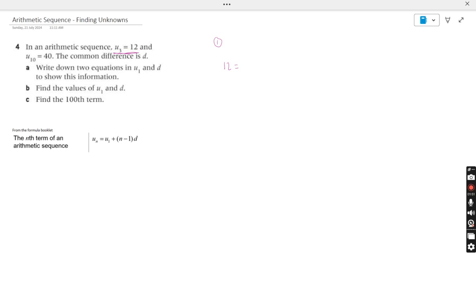Well, we're not sure what the first term is, so that's going to stay as U1. Plus, instead of n, I'm going to have 3 because we're interested in the third term currently. So 3 minus 1 outside of D, and we're not sure what D is. I can simplify this to 12 equals U1 plus, well, 3 minus 1 is 2. 2 times D is just 2D, so plus 2D.